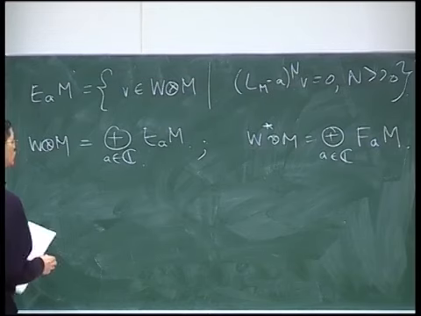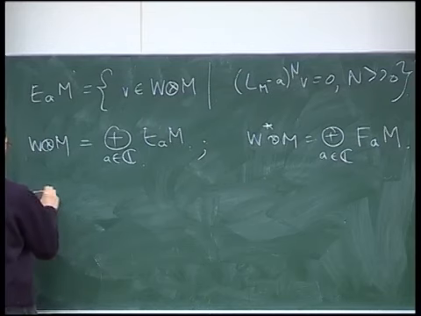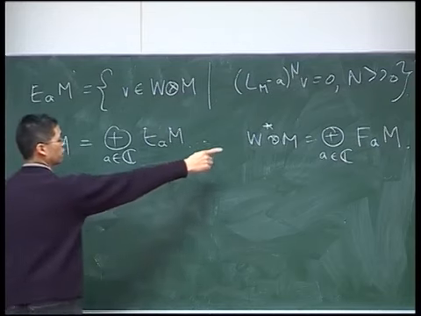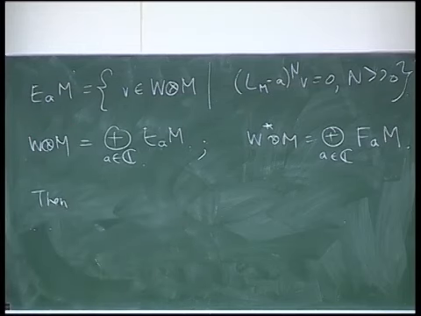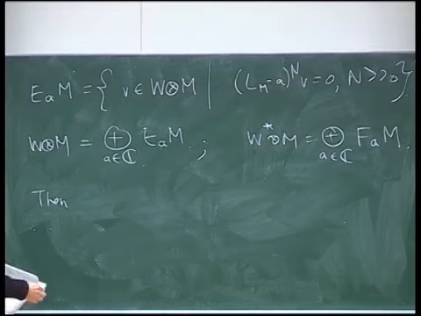Okay, and then one can check that if you consider, for any a, the classes of E_a and F_a on the Grothendieck group, they will give an action of SL2.